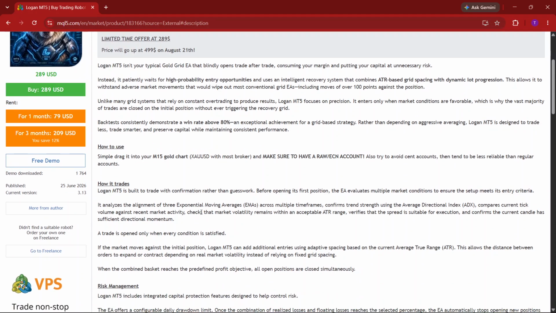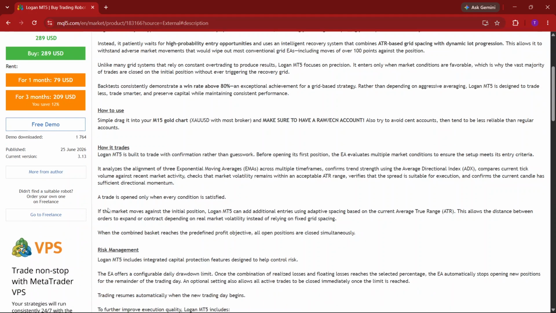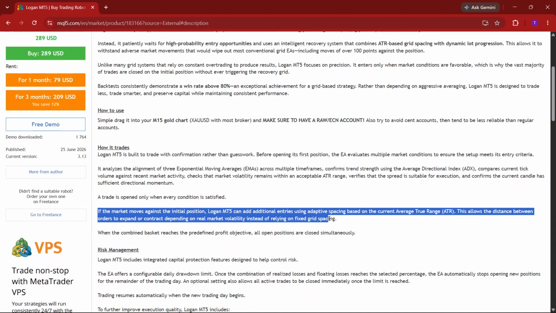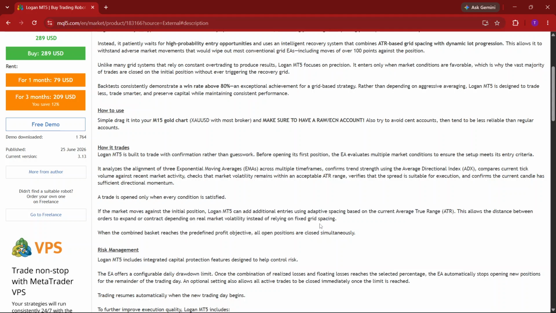Now, if price then moves against that first trade, the recovery system kicks in. It uses ATR-based grid spacing, so the distance between orders expands or contracts with actual market volatility instead of fixed pips, and it pairs that with dynamic lot progression.